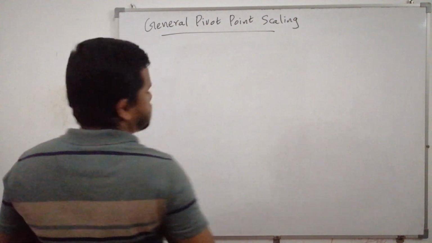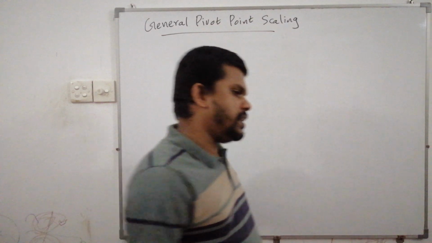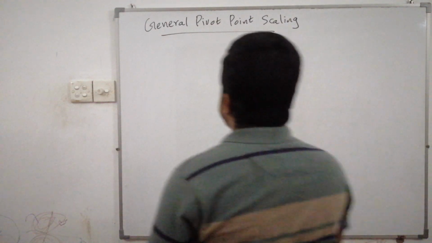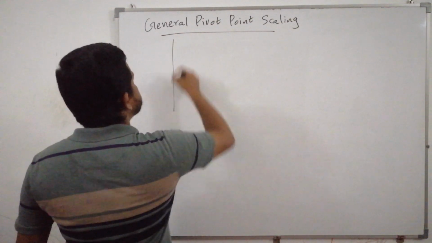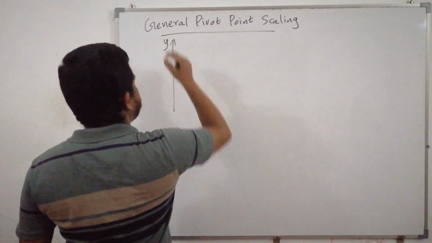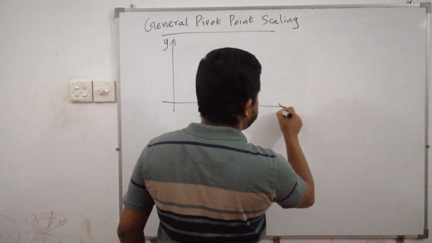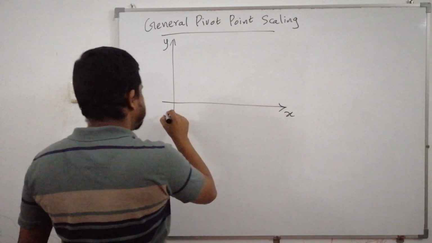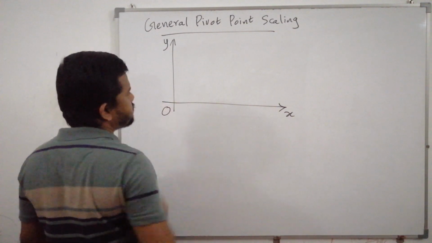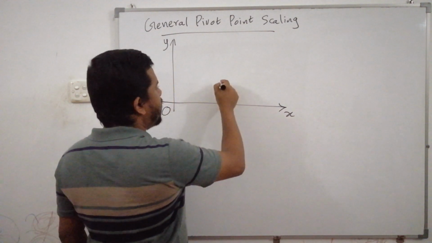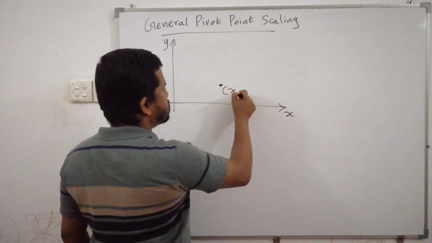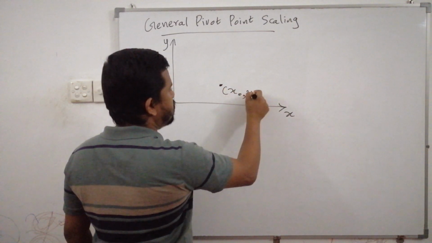Now let's discuss general pivot point scaling. So here we have the y-axis and here we have the x-axis and origin. So again we have a point x naught, y naught.